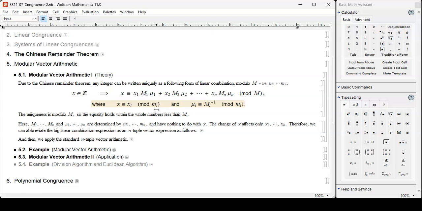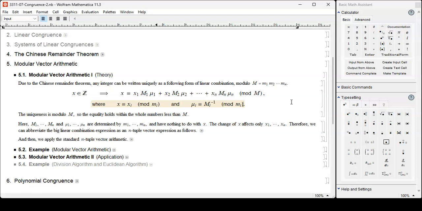And then that association is one-to-one and onto, so you can always get this linear combination expression in one direction, and then we can retrieve the original back, not precisely, but modulo capital M. So that was the uniqueness, and that's how we use the Chinese remainder theorem.